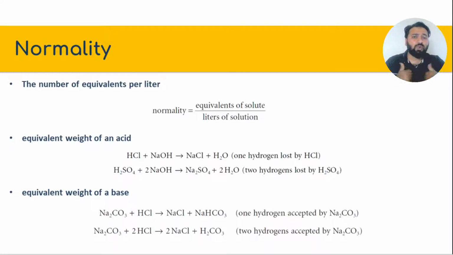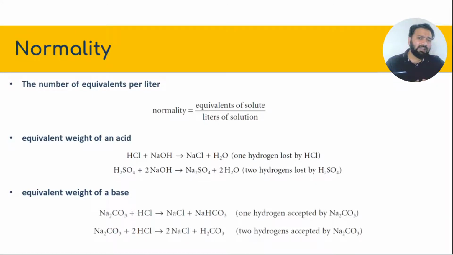In the molarity we use the number of moles. Here we use the equivalent. So it is defined as the number of equivalents per liter rather than the number of moles per liter. This is the difference between the normality and the molarity. Molarity is number of moles per liter and the normality is number of equivalents per liter.